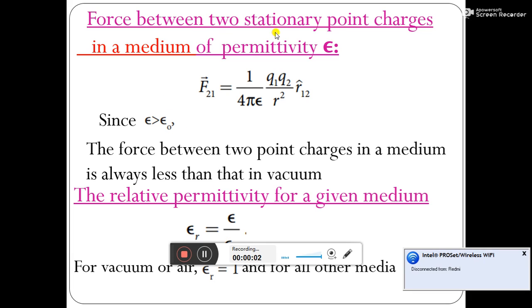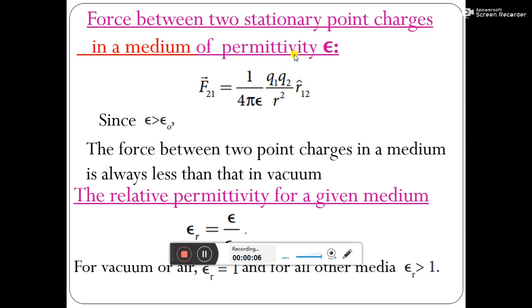Force between two stationary point charges kept in a medium of permittivity epsilon is given as F12 equal to 1 divided by 4 pi epsilon multiplied by Q1 Q2 divided by R squared multiplied by the unit vector R12 cap.